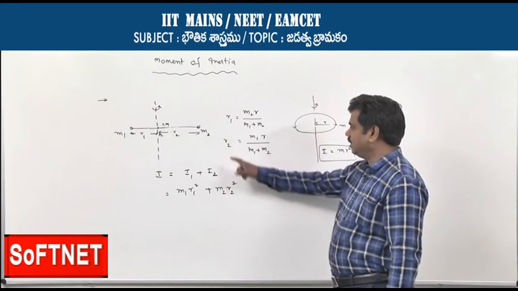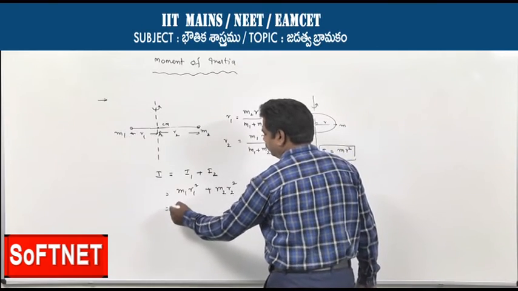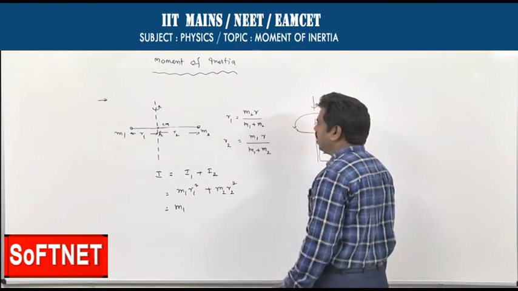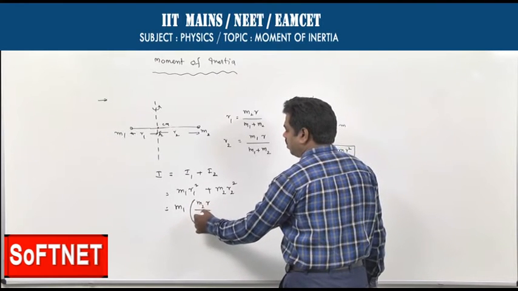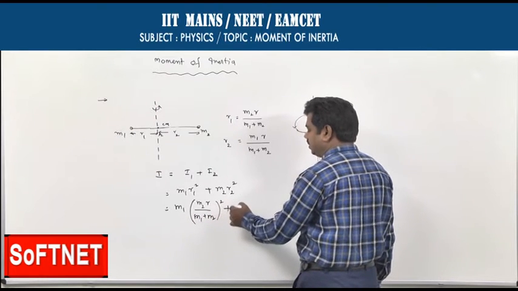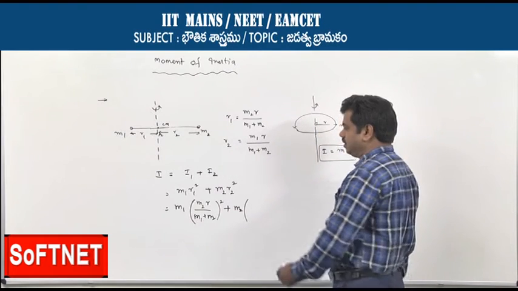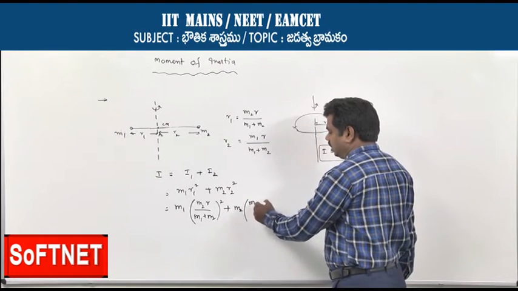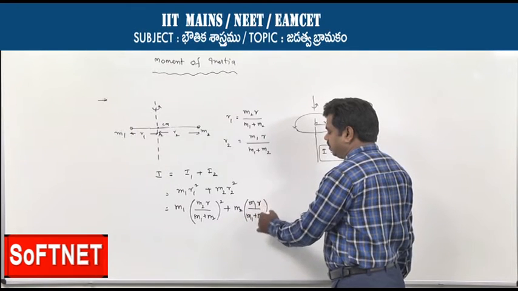Now substitute the distances r1 and r2: m1 into m2r by m1 plus m2 whole square, plus m2 into m1r by m1 plus m2 whole square.